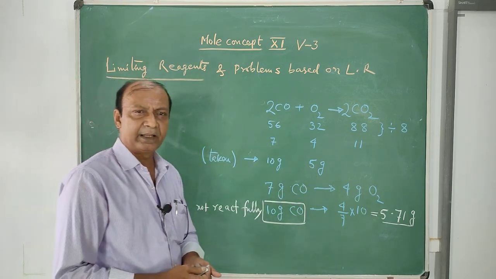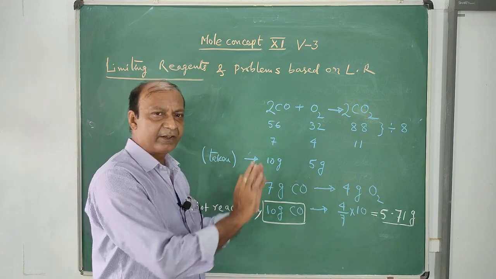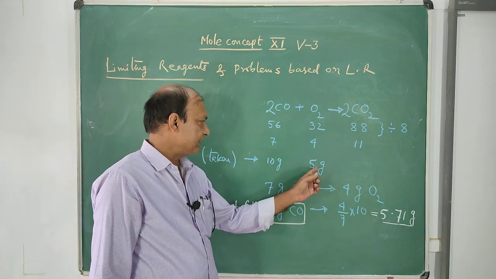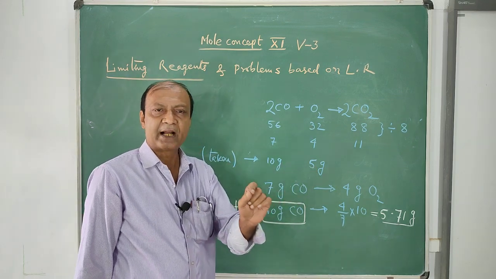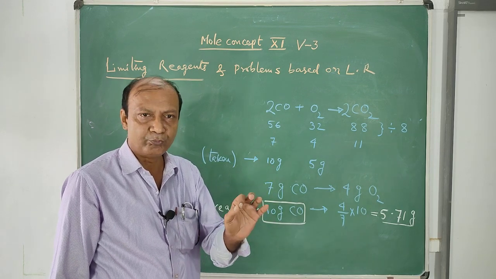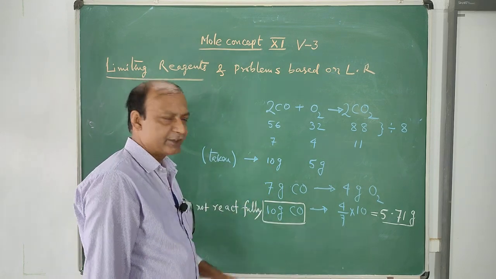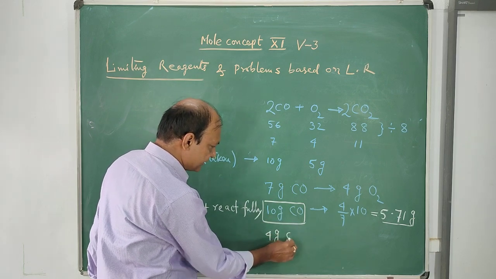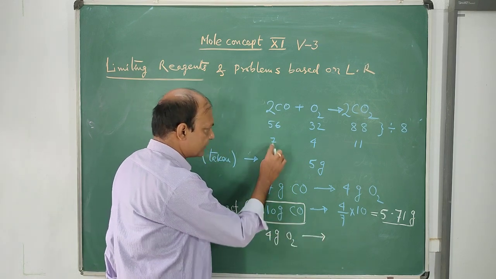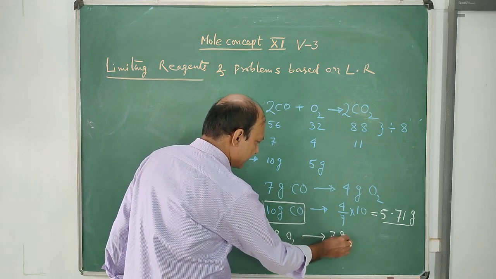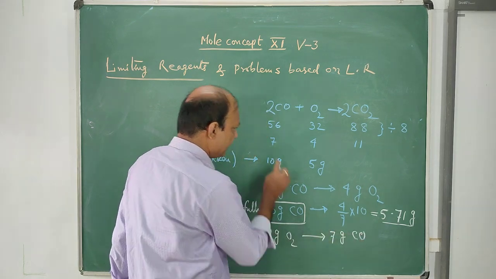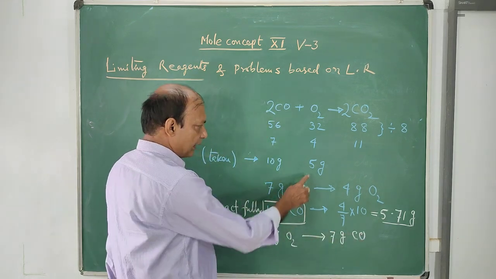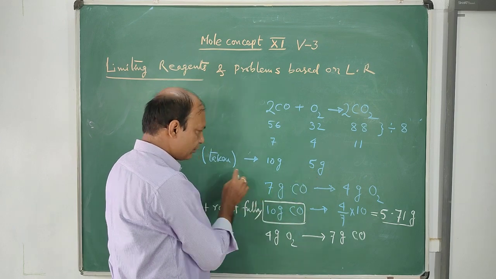You can see it by calculations, or you can directly say that the amount of oxygen will be consumed fully. If you do the calculation, for 4 gram oxygen, how much carbon monoxide is required? 7 gram carbon monoxide is required according to the ratio. Now we have taken 5 gram in the question.